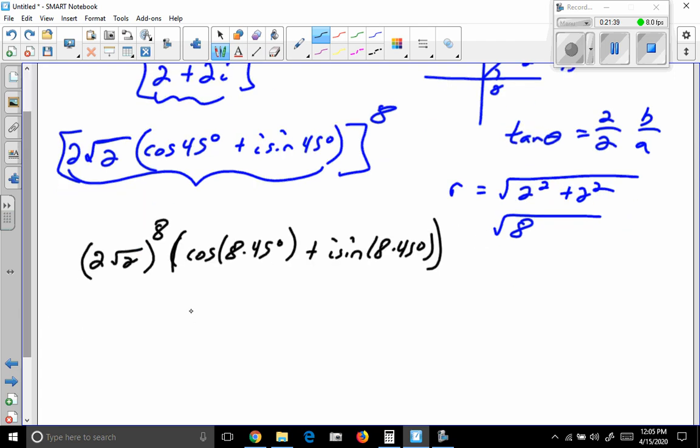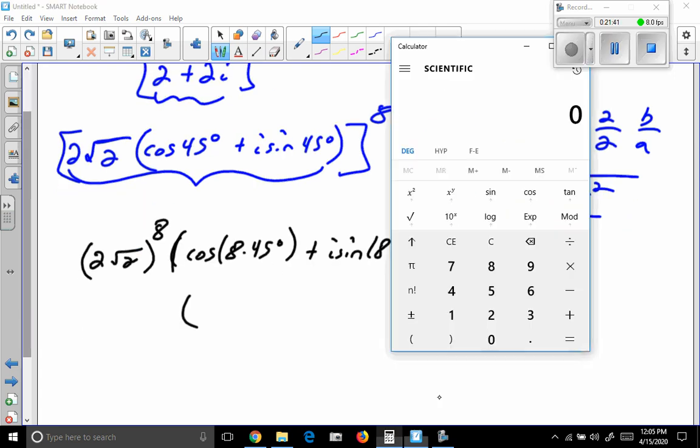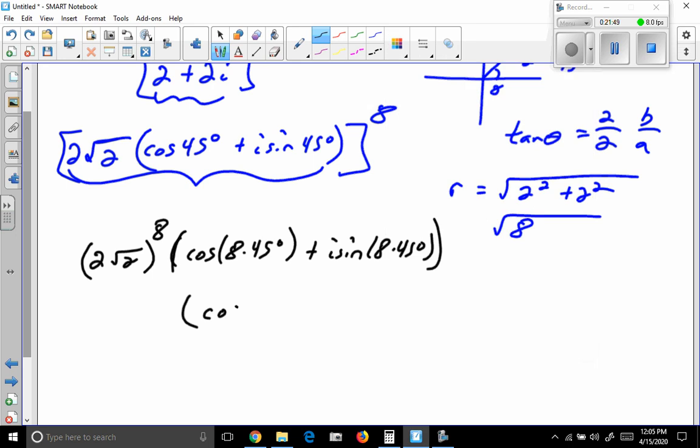So let's do the angle part first. 45 times 8, that's just 360 degrees. We could call that 360, or we could call that 0. 0 and 360 are coterminal. So 360 or 0, however you want to write that.